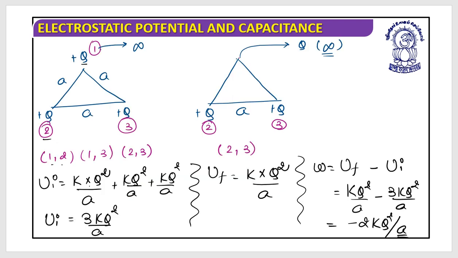So let's again re-evaluate the diagram carefully. Look at this. Initially the separation between these three charges is a, and this is a positive charge, this is a positive charge. As both the charges are positive, they are going to repel each other. Yes, internal force is the force of repulsion, and due to this repulsion, this charge has been shifted to infinity.